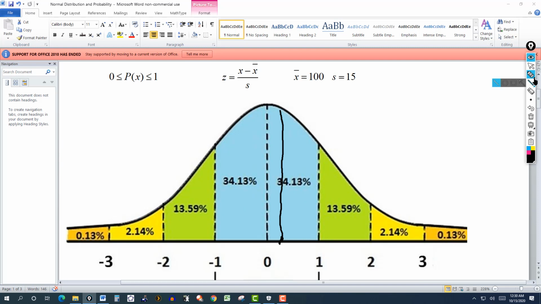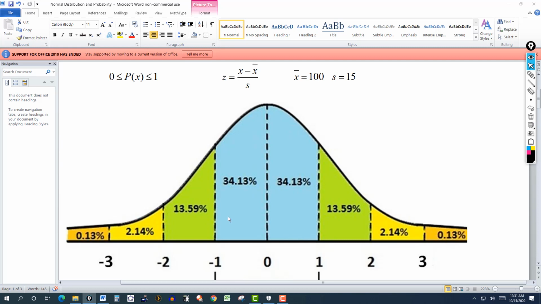So if I said, again, suppose we have an IQ test, and we have a mean of 100 on the test, a standard deviation of 15, and I were to say, what is the probability that if I pick one score of some person at random, that that person scored within one standard deviation of the mean?